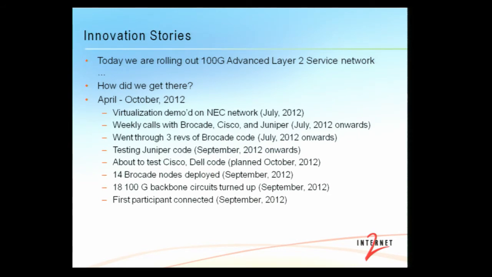So we've rolled out our 100 gig advanced layer 2 service. As I mentioned, what did we do from last spring when we announced that we could do it? In July, we demoed that we could do virtualization. What we were showing at the Summer Joint Techs was that we ran one application that had our layer 2 service in one slice.